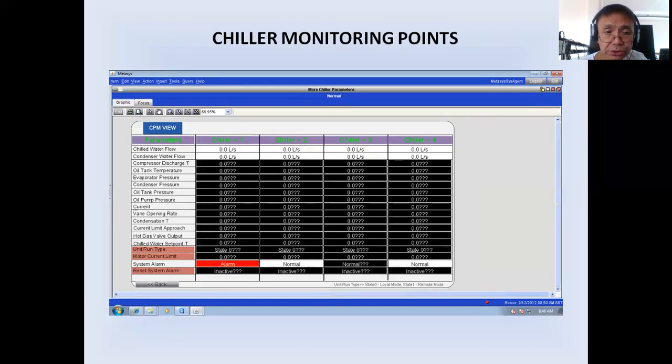Chiller information: the parameters that need to be monitored by the chiller operator.